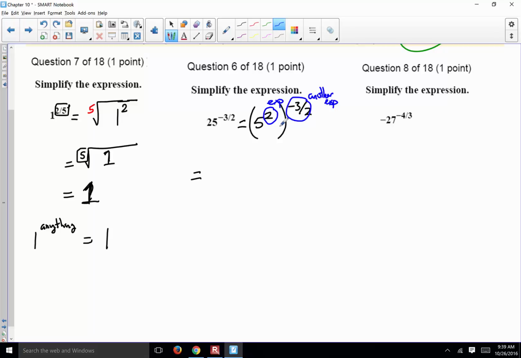Pick one. Add, subtract, multiply, divide. Which one do you think makes sense? There are two exponents, 2 and minus 3 over 2, around 5 now. I turned 25 into 5 squared. I need to combine these two so I can operate with the prism rule.